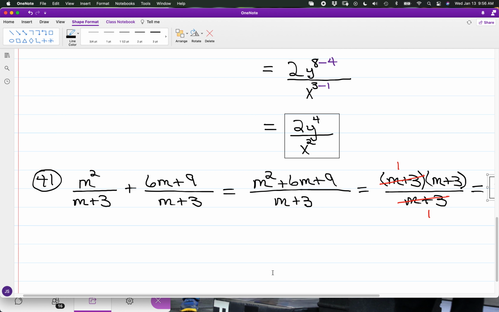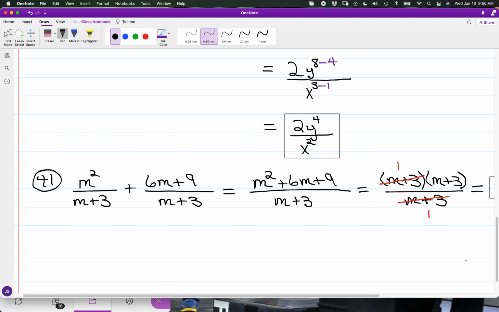Now, still working with fractions, say in the case of number 43, here we have 2 over 9c plus 7 over 15c cubed.